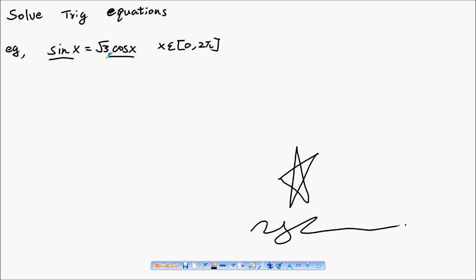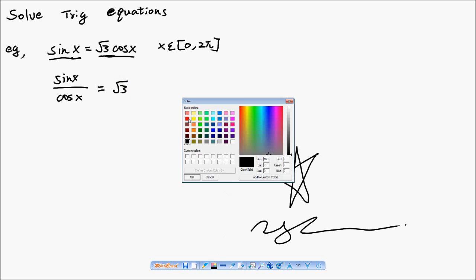The first step to do this kind of question is always to group your variables on the left hand side, and we group the other values on the right hand side. In this case your variables are sine x and cosine x, so we try to group them on the left hand side. So I can rearrange the equation in this form: sine x divided by cosine x equals square root of 3.